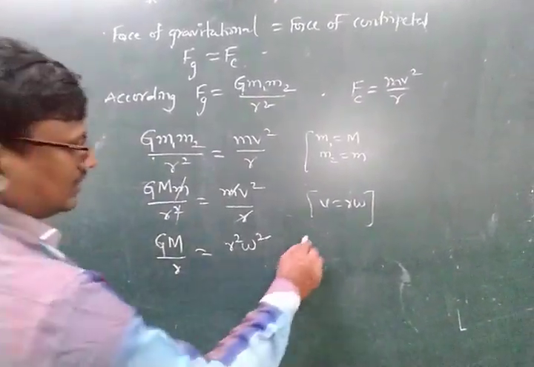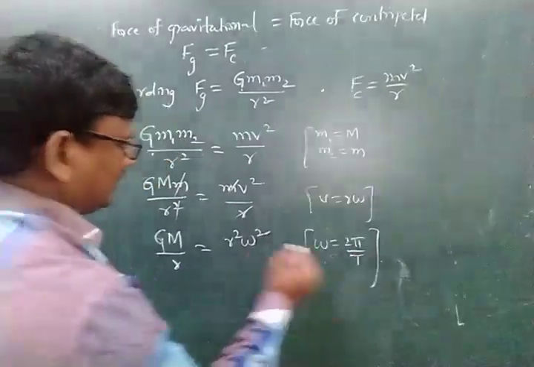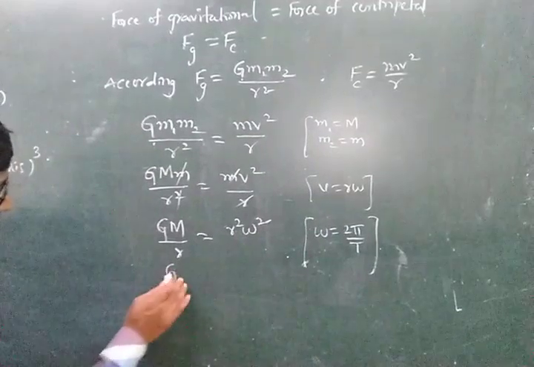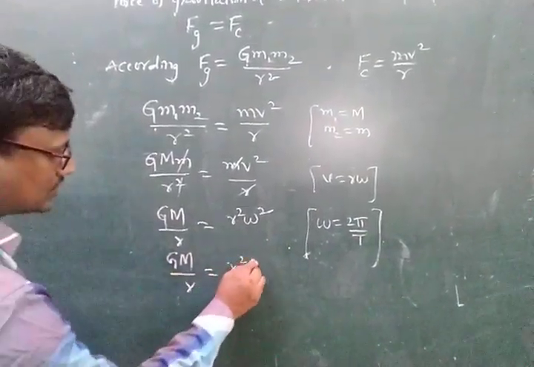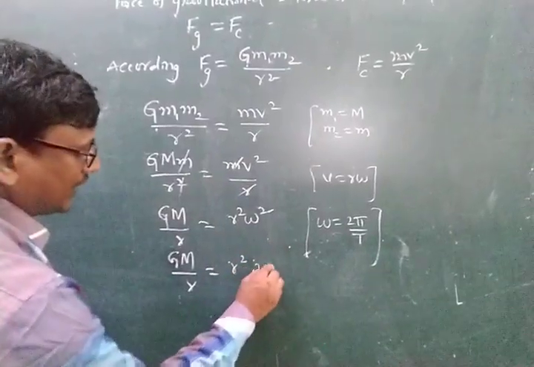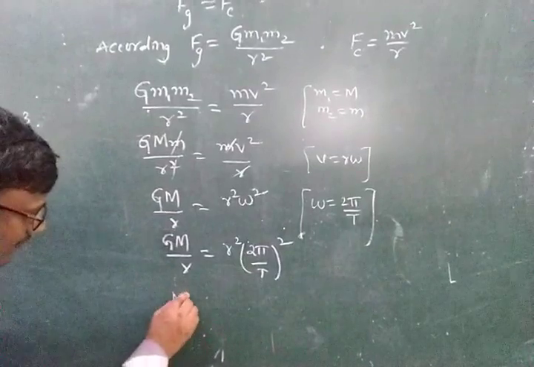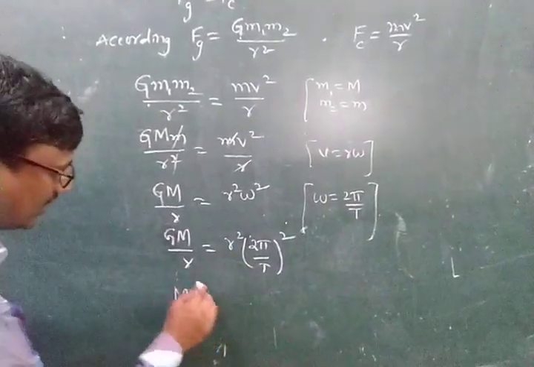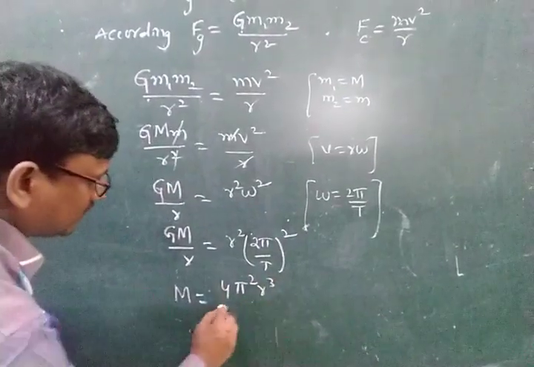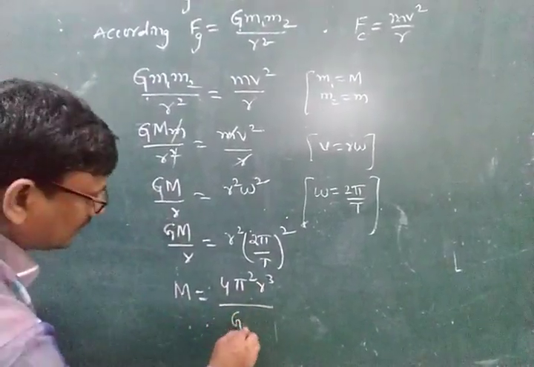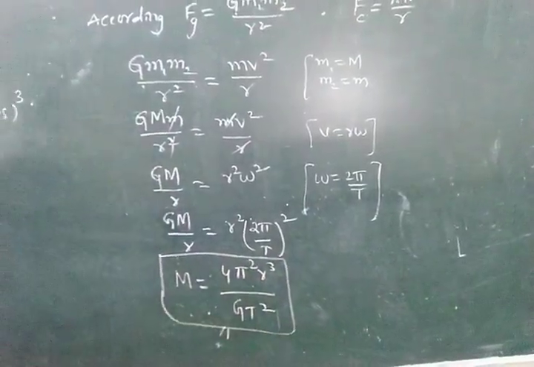Then omega is equal to, what is the formula, 2 pi by T. Then G capital M by r is equal to r square into 2 pi by T whole square. Taking the cross multiplication, capital M is equal to 4 pi square r cube by G T square. This is the formula for the mass of the sun.